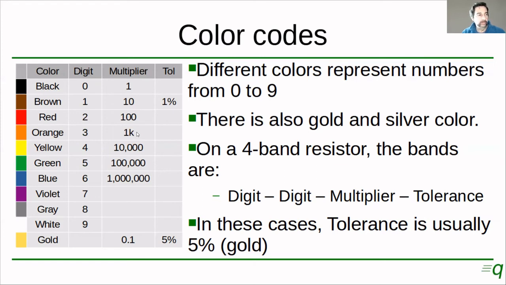If we have brown, black, black, that would be 1, 0, so that's 10, and the multiplier is 1, so that doesn't change. So that's 10 ohms. If you have brown, black, brown, brown is 1, then 0, those are the first 2 digits. So we have 10 so far, and then 10 for the multiplier because we have another brown, right? So that's going to be 100 ohms. Make sense?